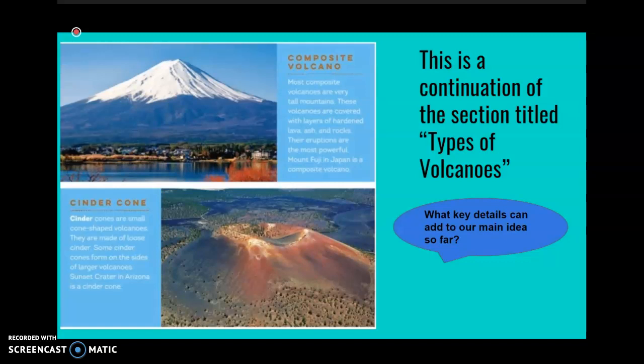Someone give me a key detail, a fact that the author wanted us to know about the volcano.